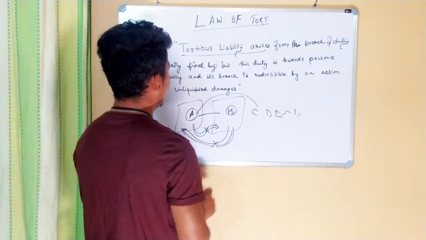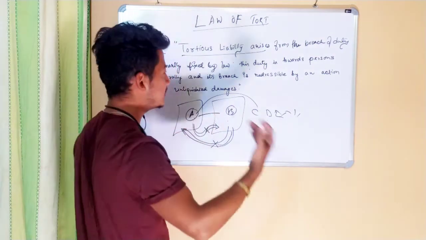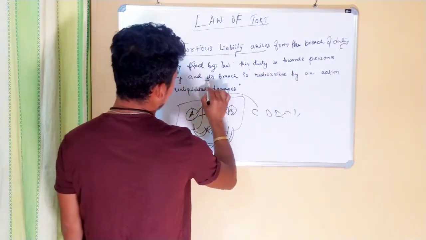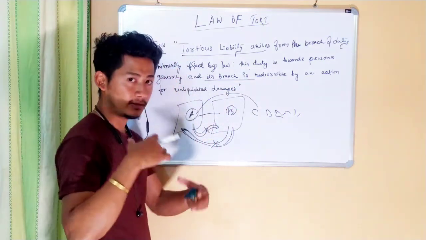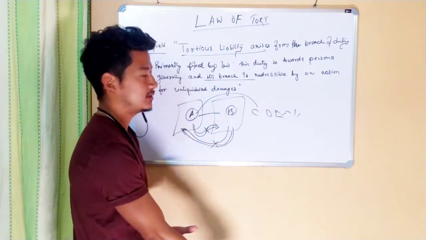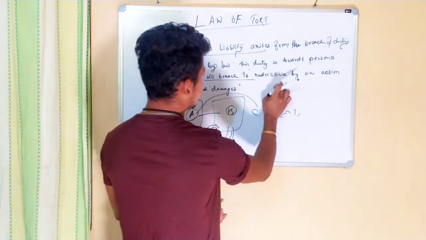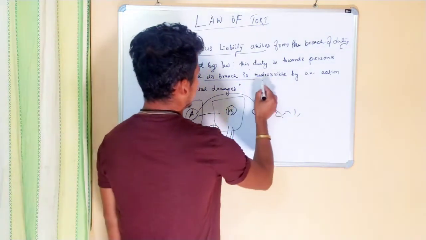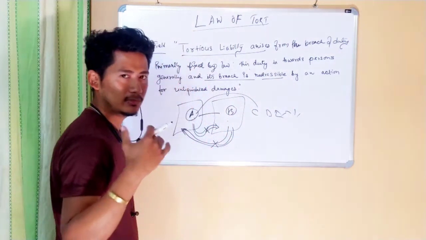And if I commit such things and defame a certain person, what will happen? It will be redressable by an action for unliquidated damages. Redressable means to make good.